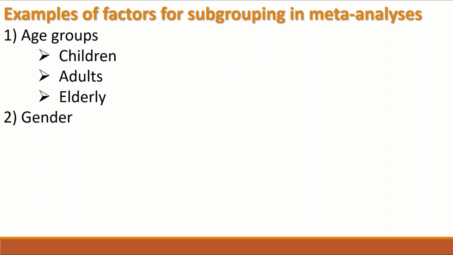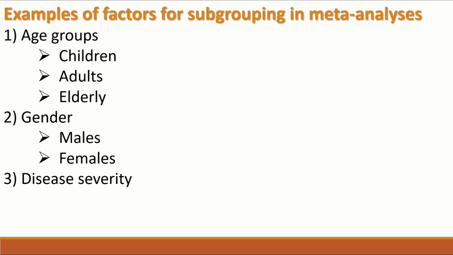Another characteristic or variable that can be used for subgrouping is gender. The studies can be grouped based on gender, whether male or female, and then meta-analysis can be performed for each gender.